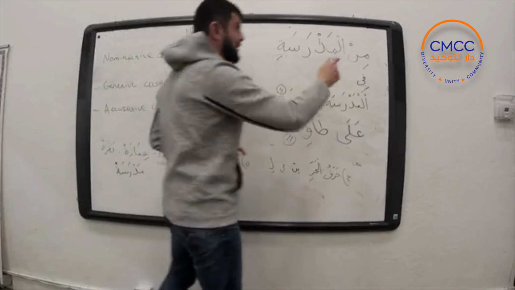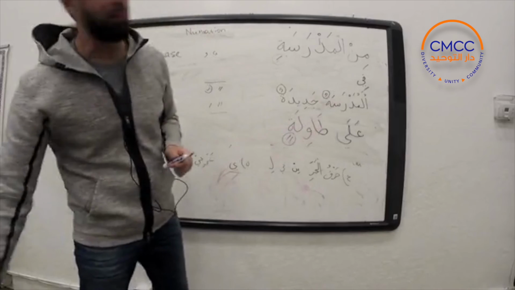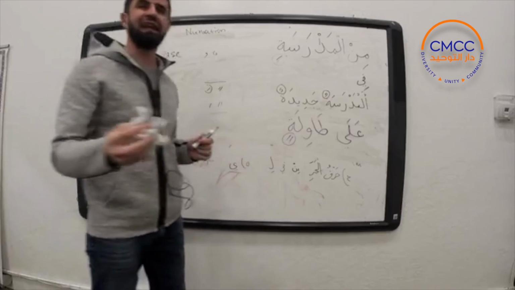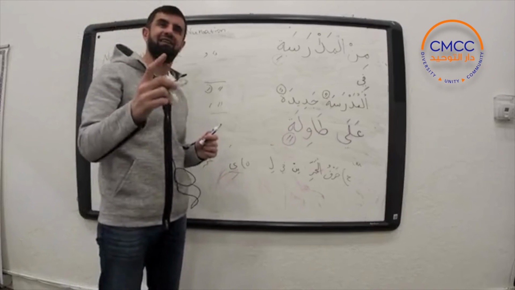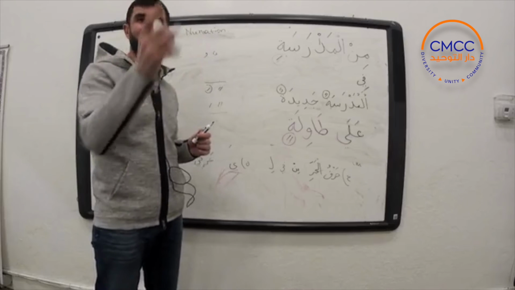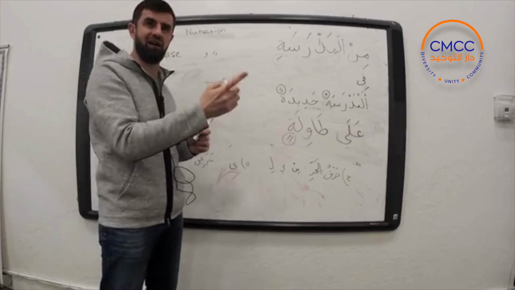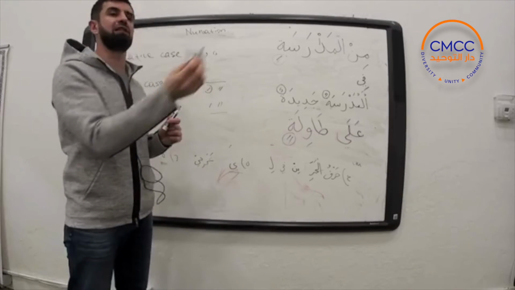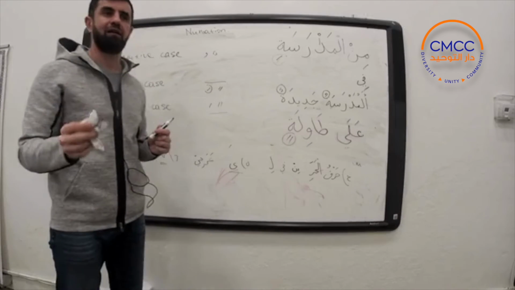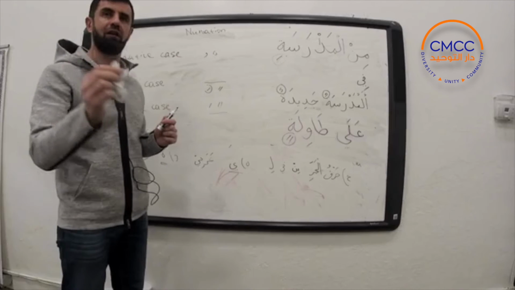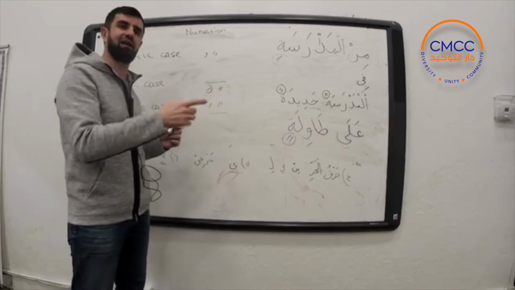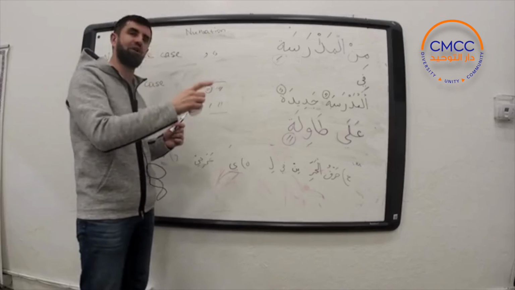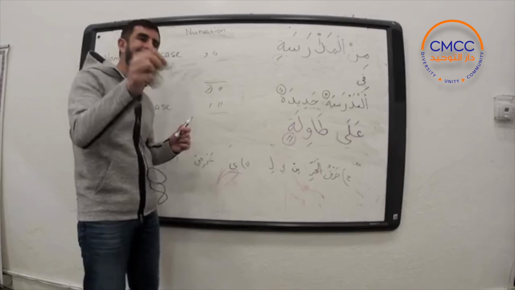By the way, the preposition min, when it has al, the sukun is going to change to fatha. Min Allah, for example, min Rabbil Alameen, minan nas.